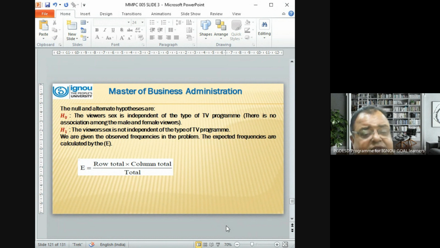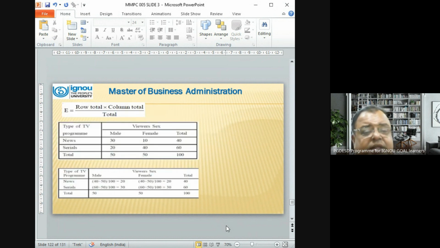Now the question arises how this E will be calculated. E is row total into column total upon 100. The problem is given to you in the second block, but now you are calculating E of it. E is calculated as row total is 40, column total is 50: 40 into 50 divided by 100.